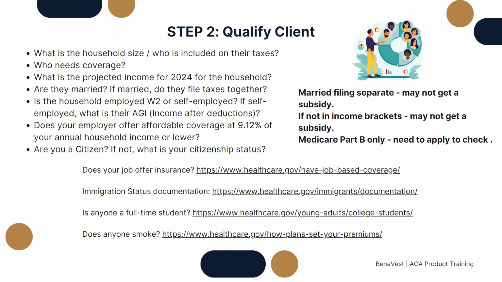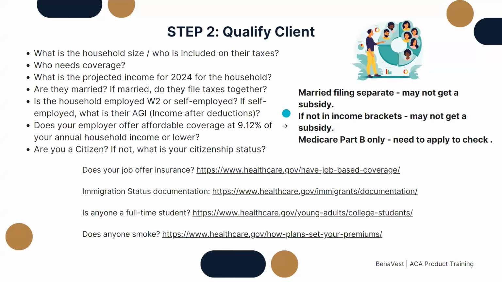So the government won't give them more if they're filing separate. Okay. Is the household employed with a W-2 or are they self-employed? You want to ask that question because if they're self-employed, they might say their income is 150,000, but that's before expenses. So you want to help them figure out what their actual income will be.